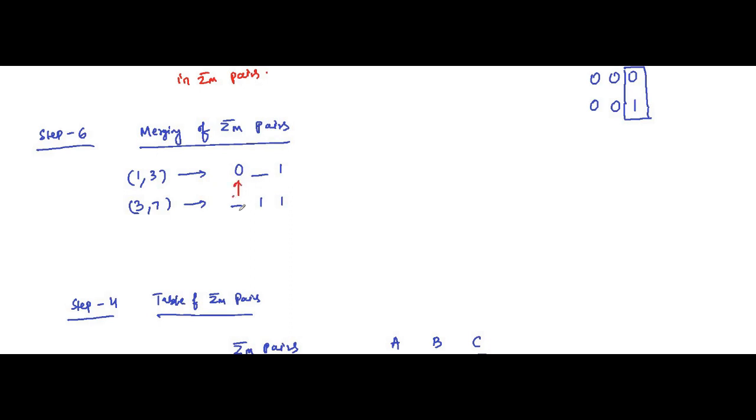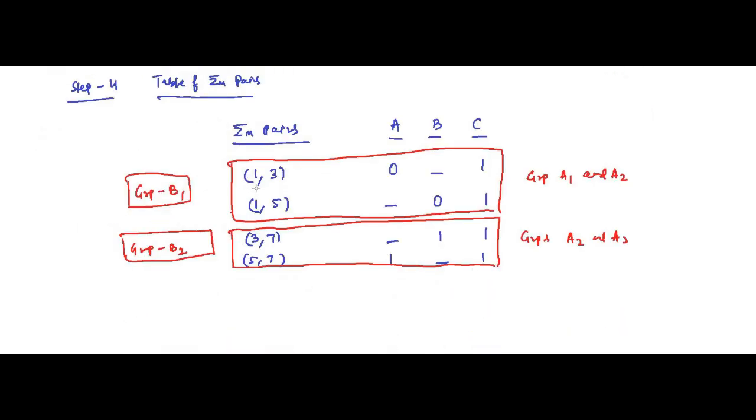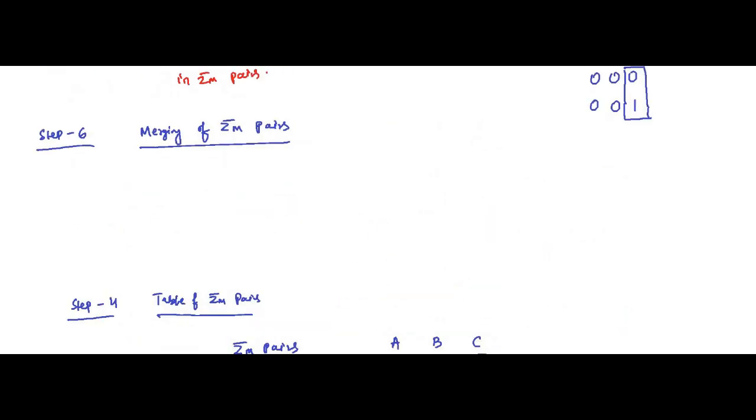Here it is 0, here it is a blank space, so this is differing. Here it is a blank space, here it is 1, so this is also differing in this bit. Here it is the same, 1 1, but they are already differing at 2 positions, so this merging cannot be done. 1 3 and 3 7 cannot be merged. Okay, it is not possible. So let us take the second case, 1 3 with 5 7.